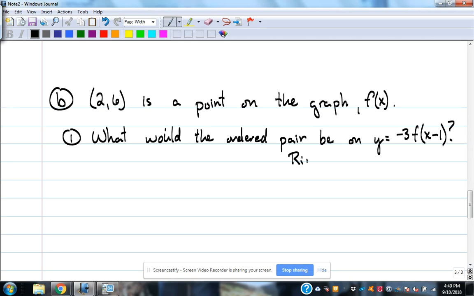Okay, so we're going right 1, across what? That negative back on the outside there tells us x-axis. Because it's on the outside, it's going to be the x-axis.